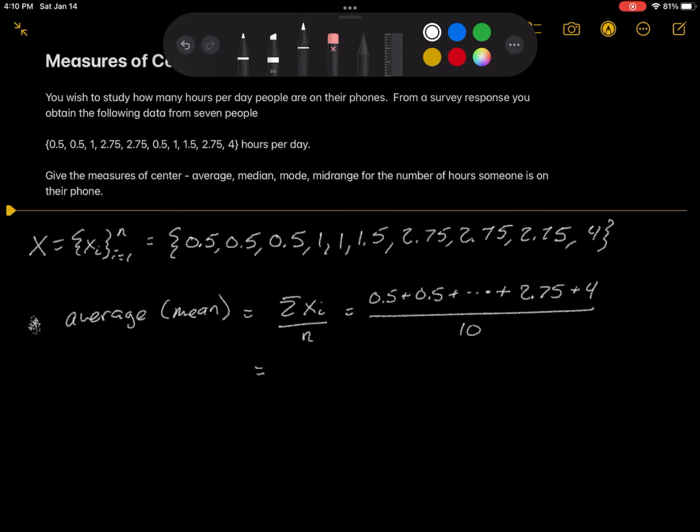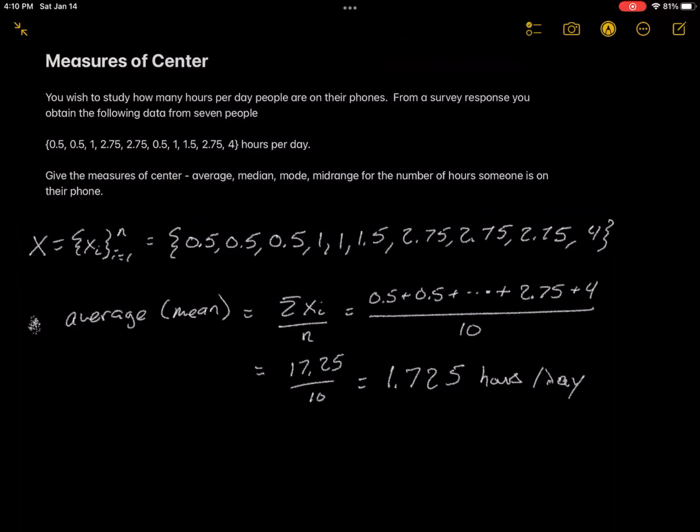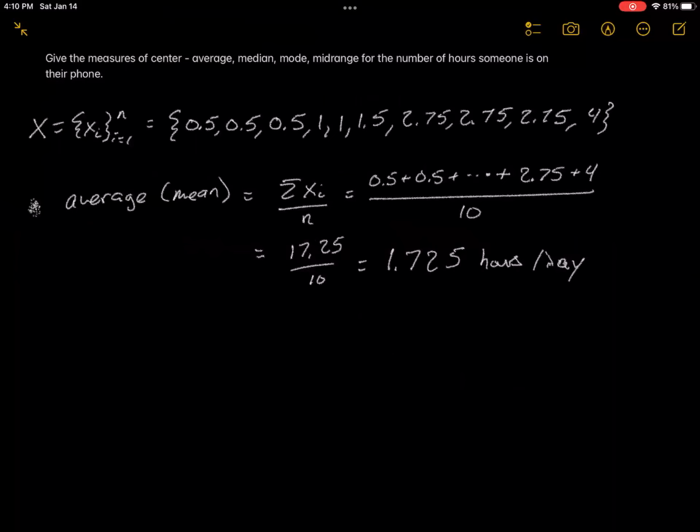If we do this, we get a sum of 17.25, giving us an average of 1.725. And our units is hours per day. All right, so the average amount of time that somebody's on their phone, at least from our sample, is 1.725 hours per day.